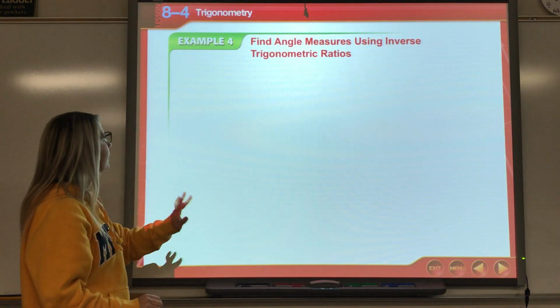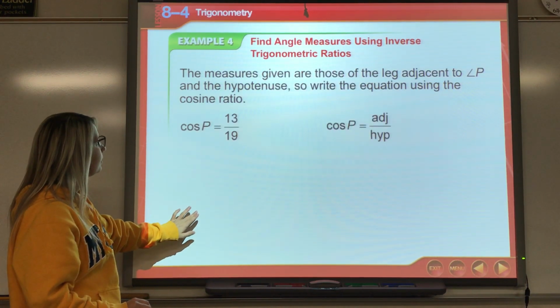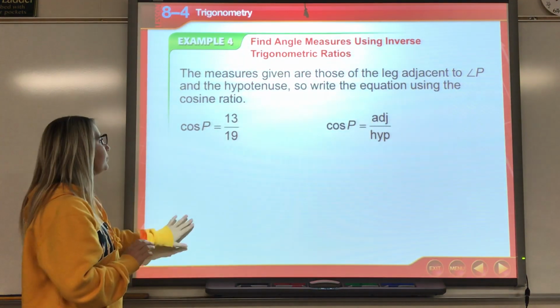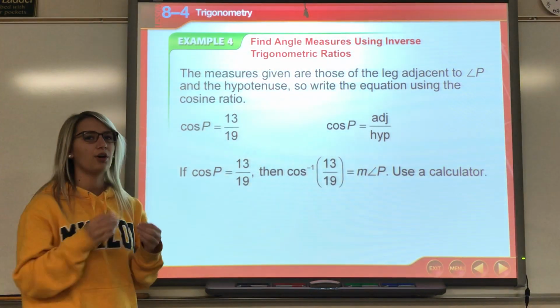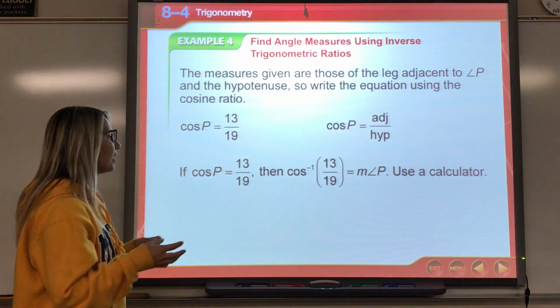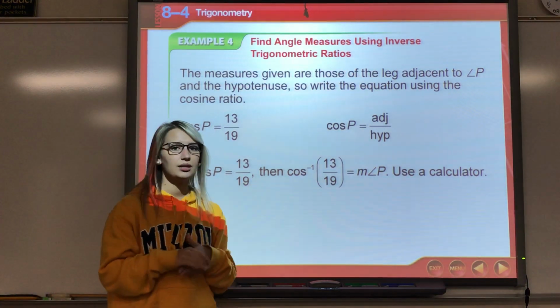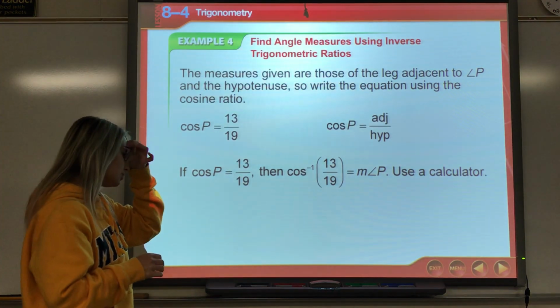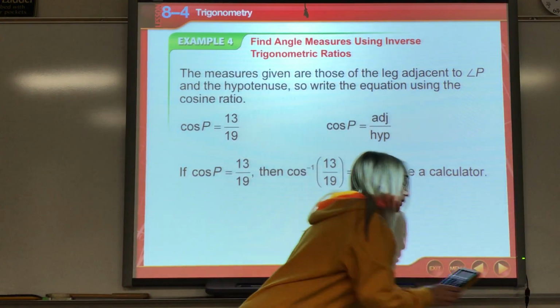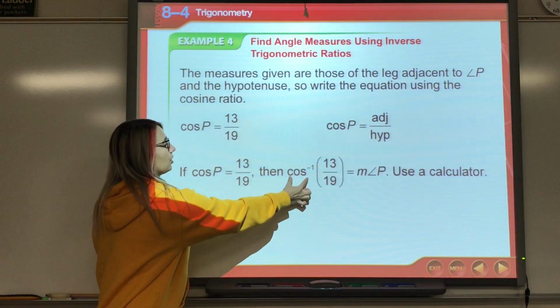Okay, I think if we go to the next page, we'll have that. Okay, so we have that. Now we need to find P. We don't want the cosine of P, we just need P. So that's where we use the inverse of cosine to get the measure of angle P. To use our calculator, we type it in as the inverse cosine like this.